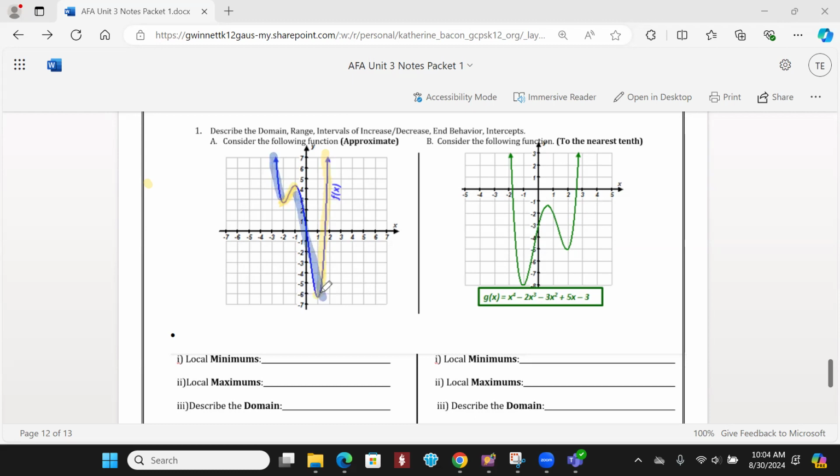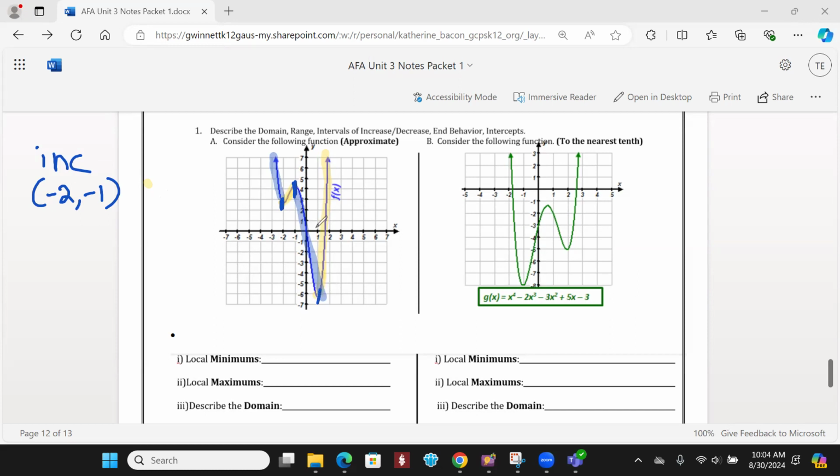Okay? And you're reading it from left to right, just like how you read in a book. So increase, we're going to go from left to right. What is our X value? -2 to -1. Here's another interval of increase.